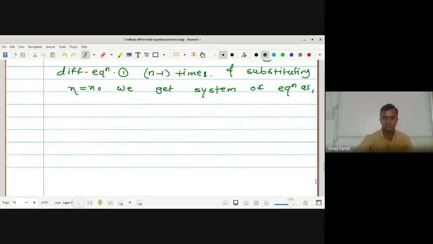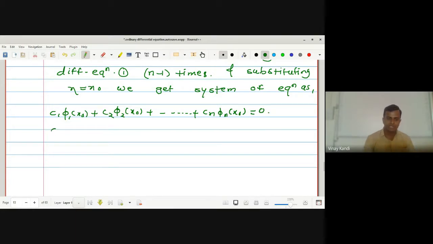Here we get C1 phi 1 of x naught plus C2 phi 2 of x naught plus up to Cn phi n of x naught is equal to 0.